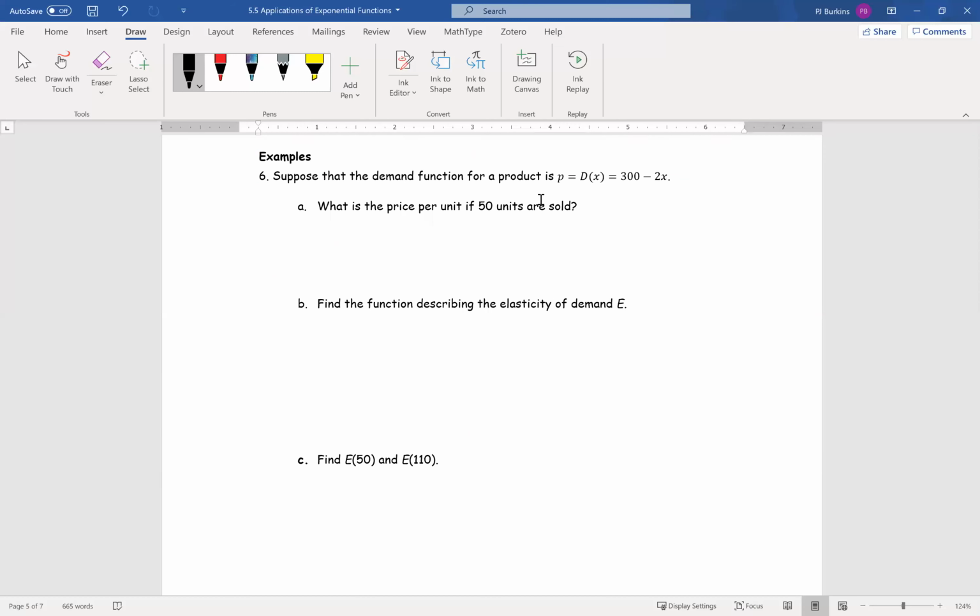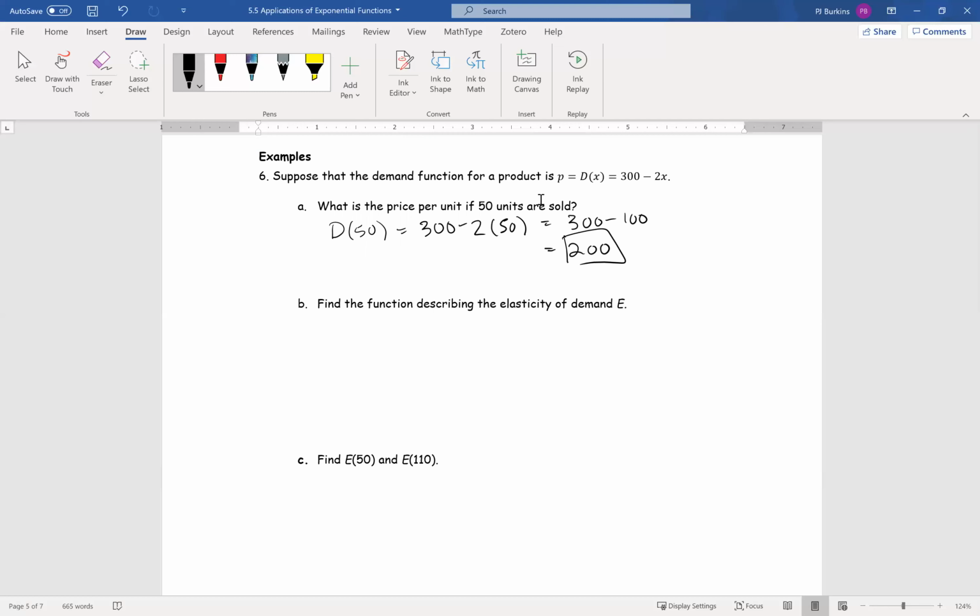What is the price per unit if 50 units are sold? Well, that's nothing more than plugging in 50. So d of 50, that's 300 minus 2 times 50, or 300 minus 100, which is 200. Real tough stuff.